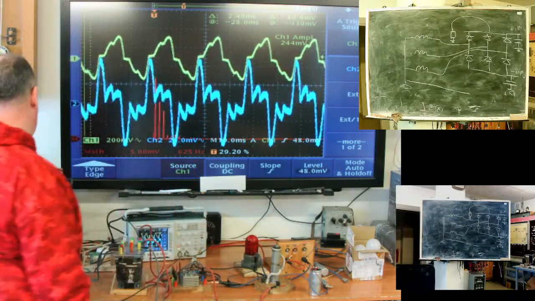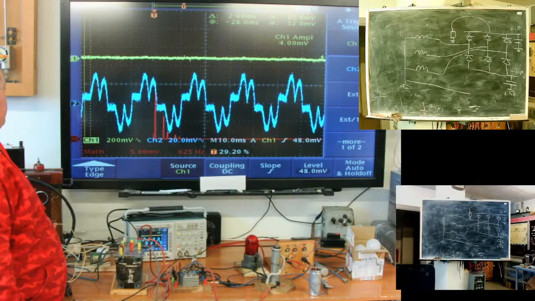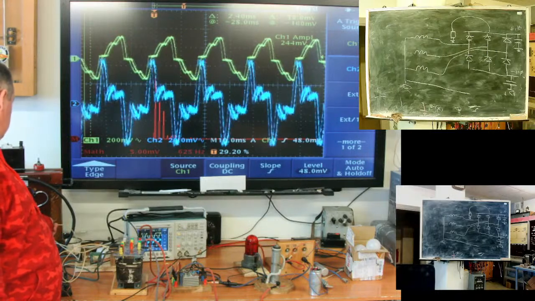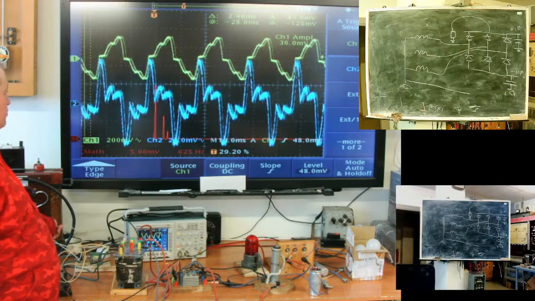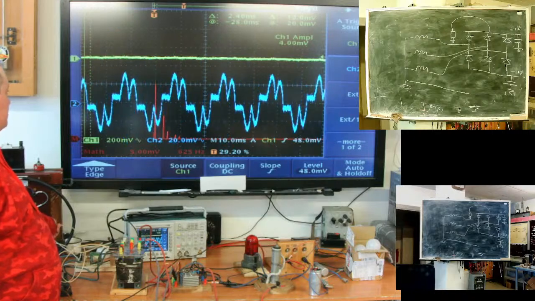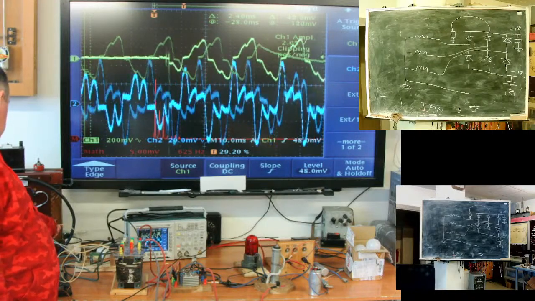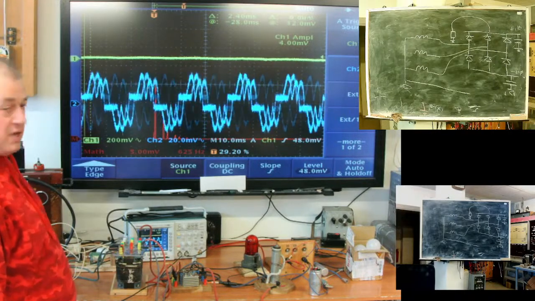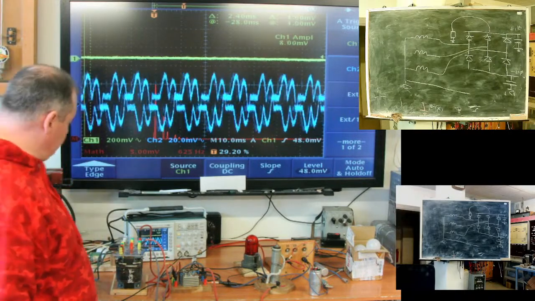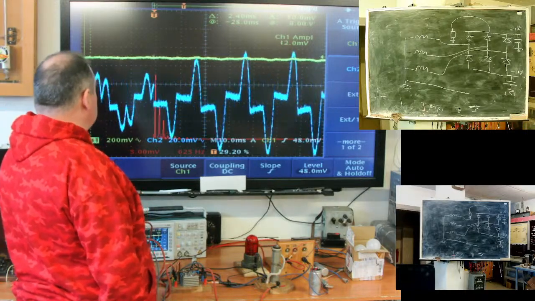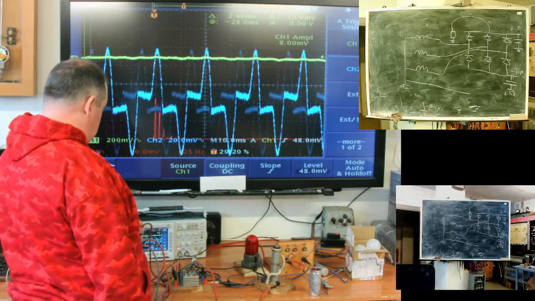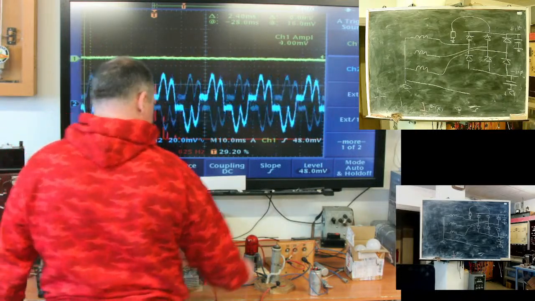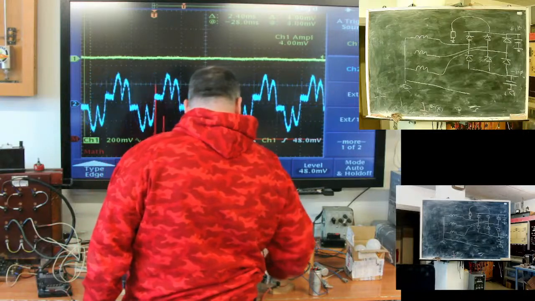C phase connected, C phase disconnected on the primary side. Yellow line ground wire, blue line A phase. This may help you sometimes make a smart phase. And C phase disconnected on the secondary side. No change in the ground wire. Hot.